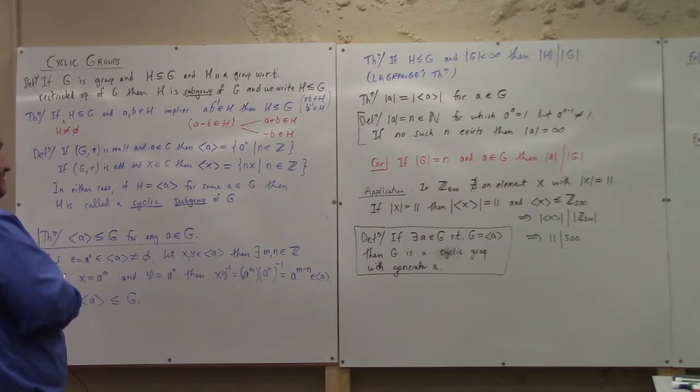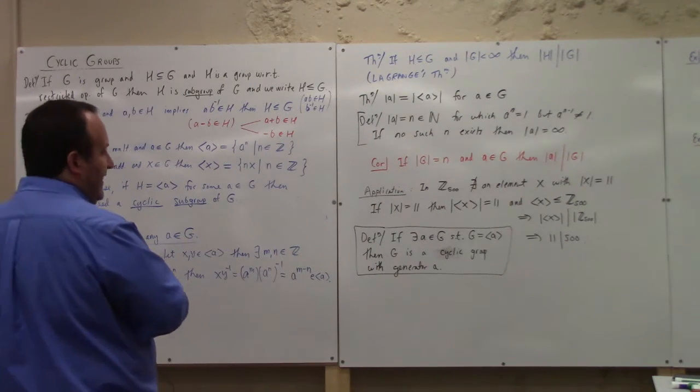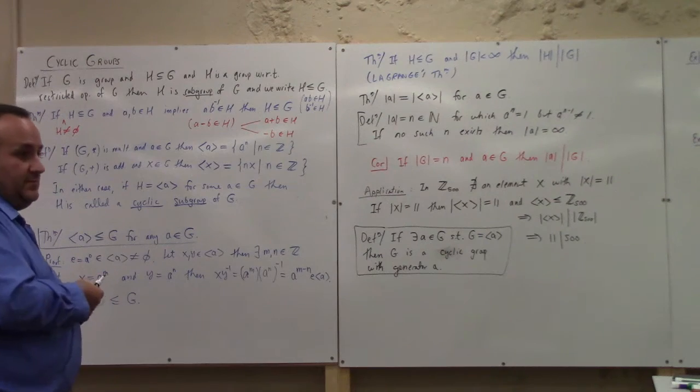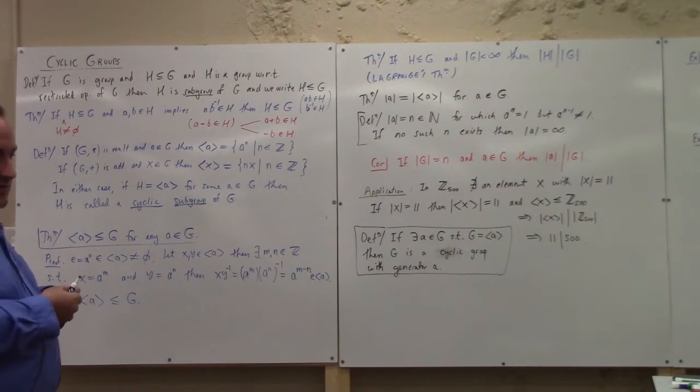So, okay, if A is a generator of G, what else is a generator of G?